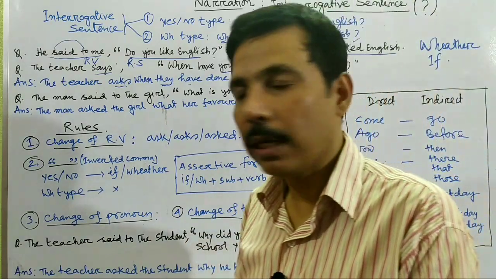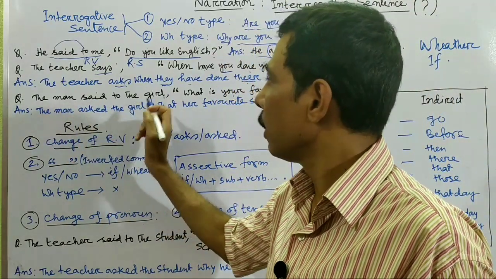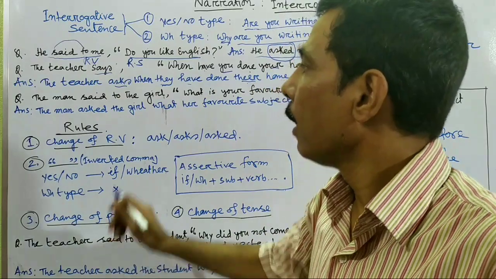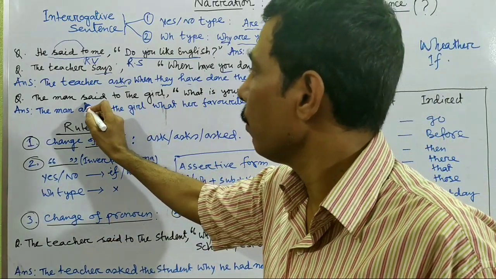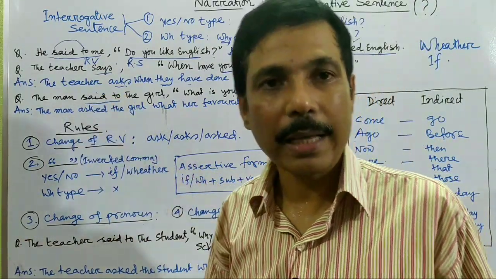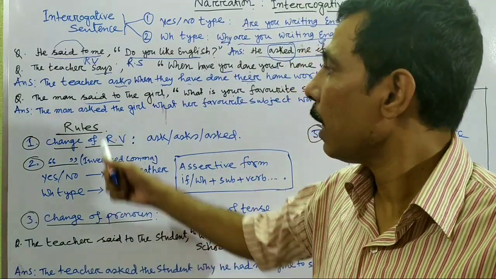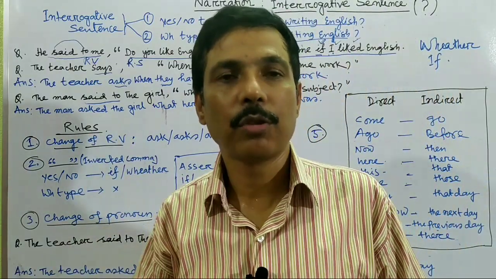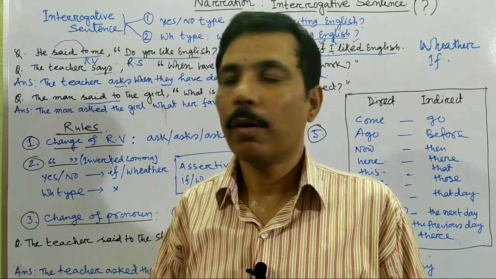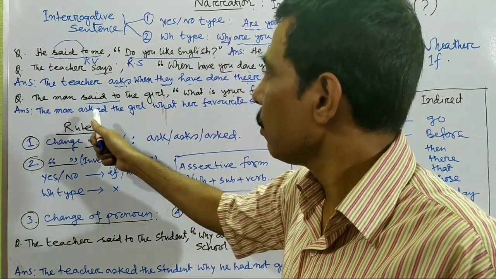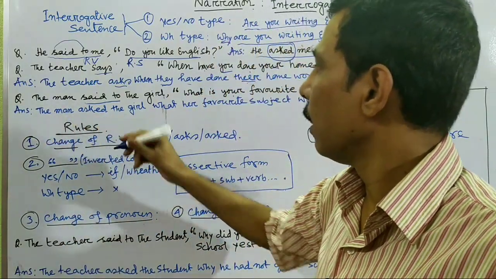And then number 3 is here: the man said to the girl. So what will be the change? "Said to" changes into "asked", as it is a question. So use ask; you can use inquire, wanted to know, or another reporting verb also. Now here I used "the man asked the girl".